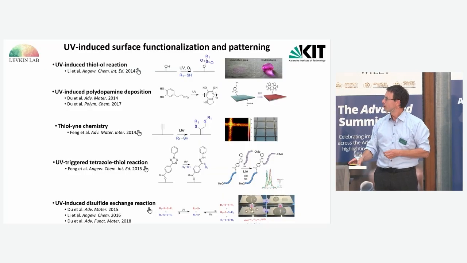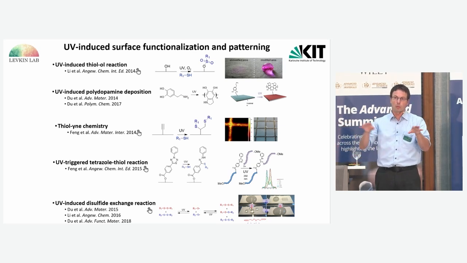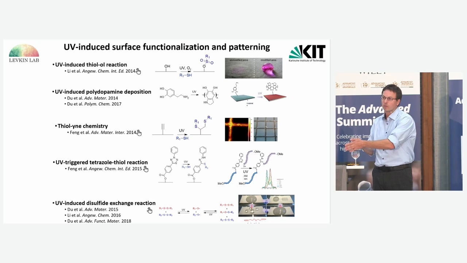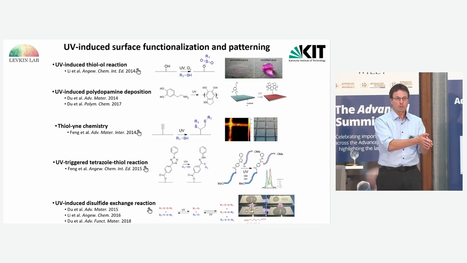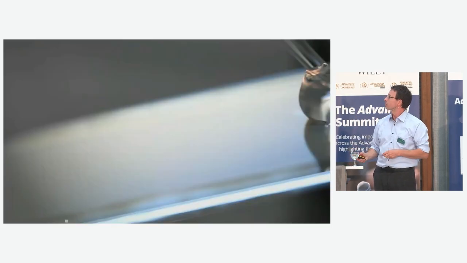Here are some examples of photochemical methods that we have introduced. And the advantage of photochemistry or UV light is that we can control spatially where we can get the superhydrophilic spots and superhydrophobic backgrounds, because we can use a photomask and we can pattern surface with these two important properties.